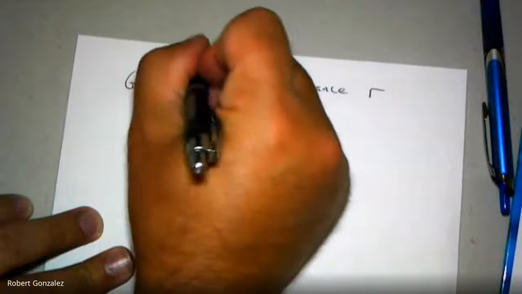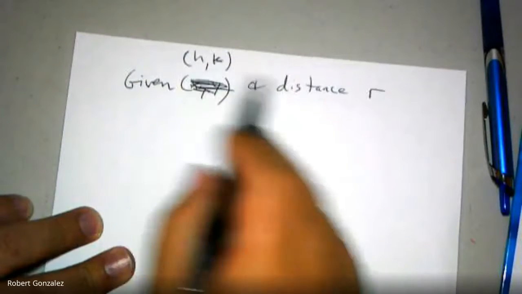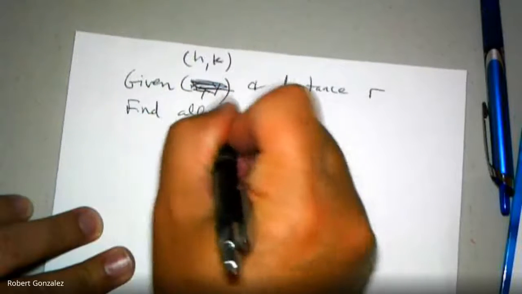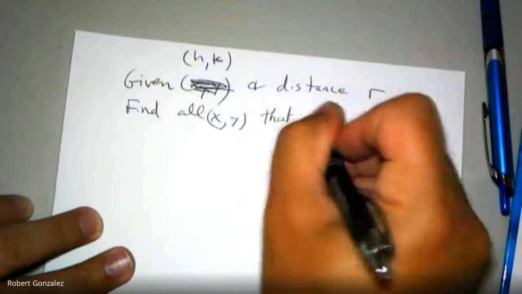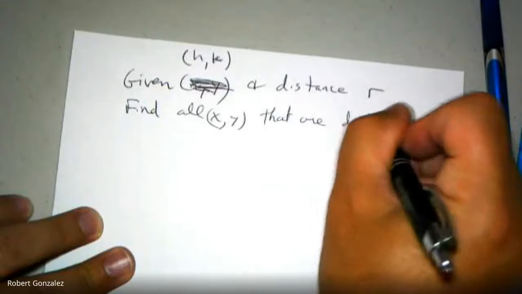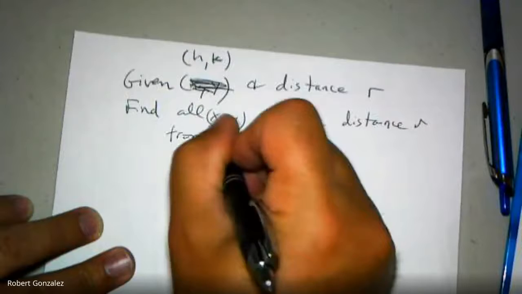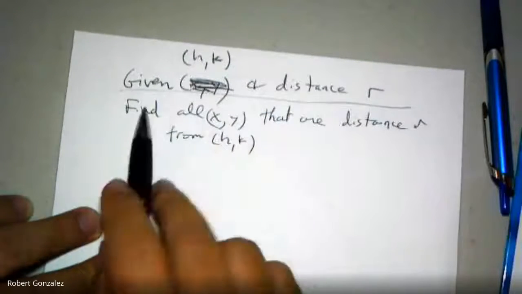Let me change this to h comma k, because that's what we use for the center of circles usually. Given h comma k and distance r, find all x comma y that are distance r from h comma k. Okay? So you start with a given, then I need to find all these.